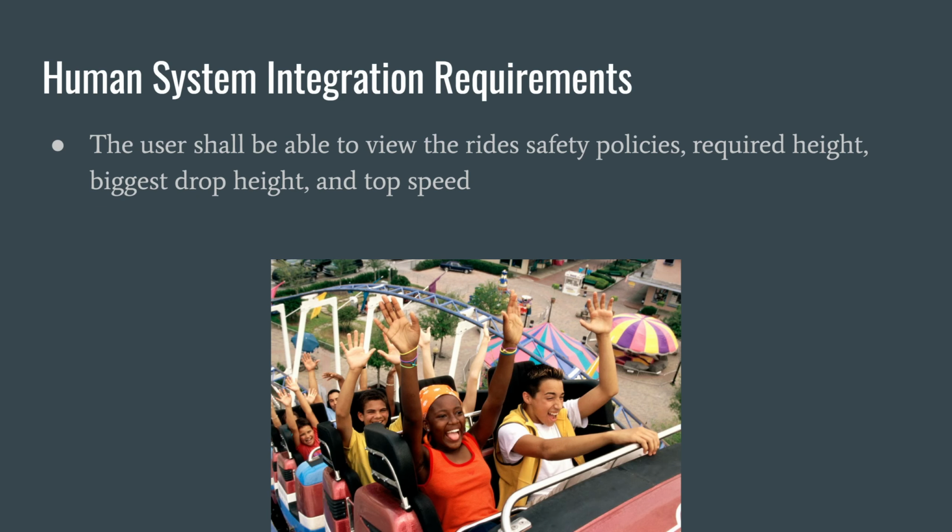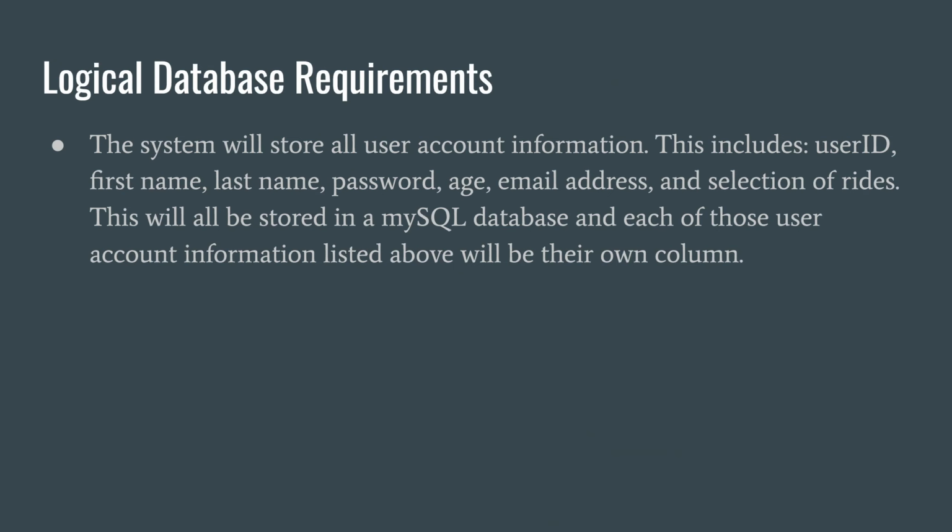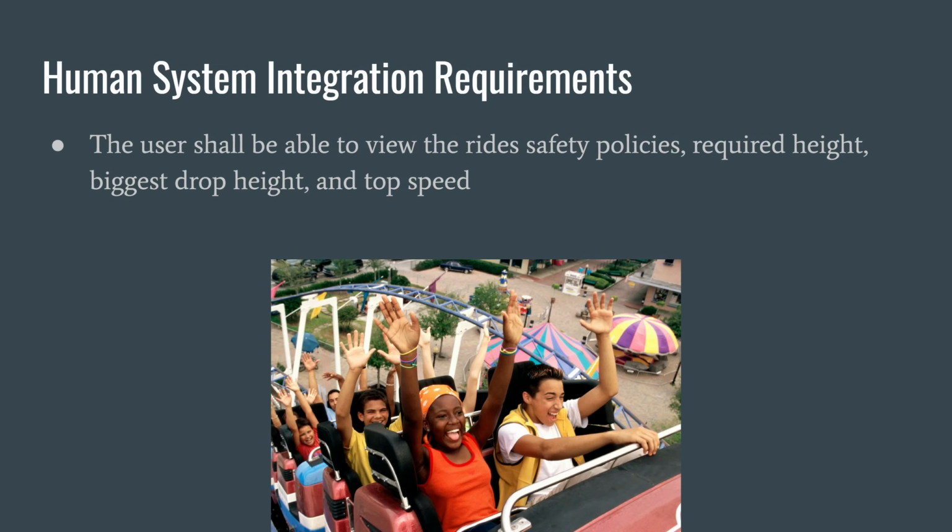So for human system integration requirements, the user will be able to view the ride's safety policies, the required height, or biggest drop height, and the top speed of each ride.